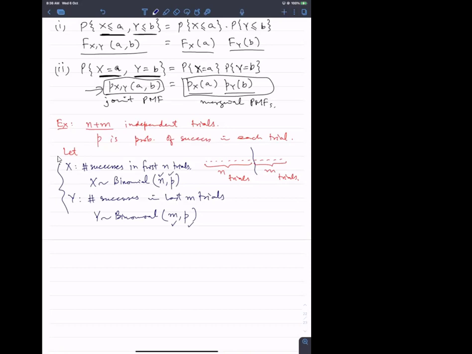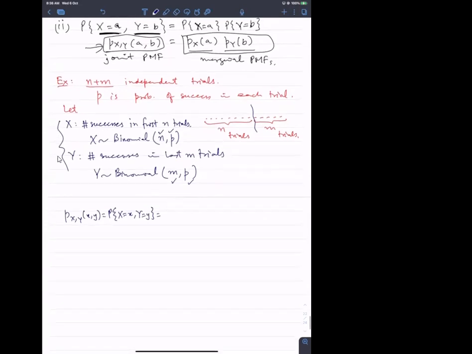What is the joint PMF of x and y? Which means the probability x takes the value small x, capital Y takes the value small y. So this is equal to n choose x, p power x, 1 minus p, n minus x.